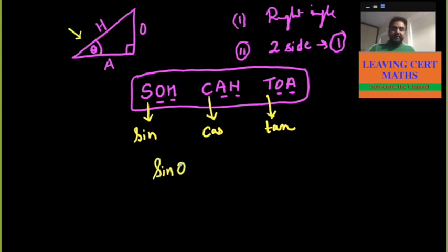If I am taking sine theta, it will be equal to opposite, can you see on the screen, opposite divided by hypotenuse. Is it not O over H? Similarly, for cos theta, it will be adjacent divided by H. This is H. Okay.